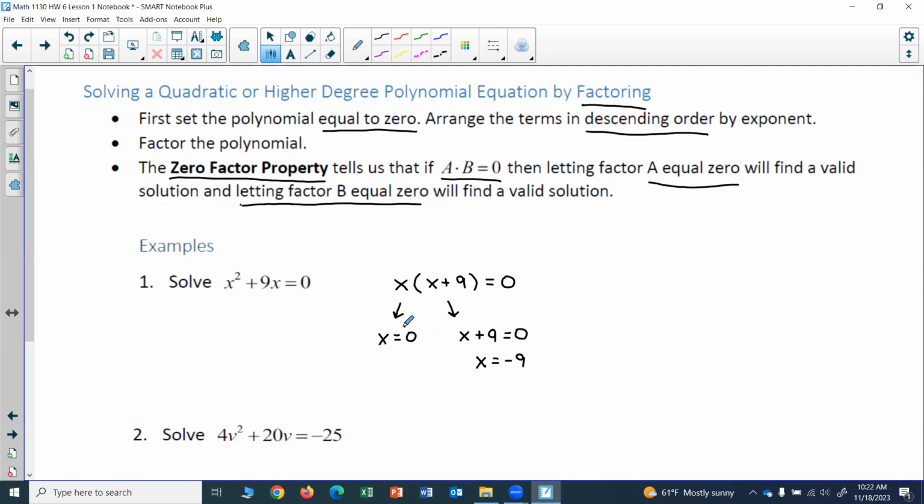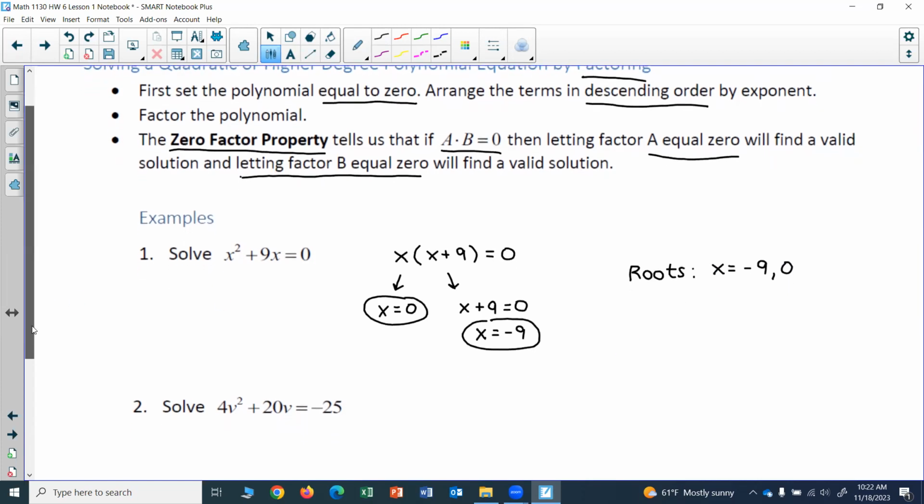So I have x equals 0 and x equals -9. These are the roots of that polynomial, or the zeros, or the x-intercepts of the equation. So we could think of the roots as x equals -9 and 0. That would be my solution.